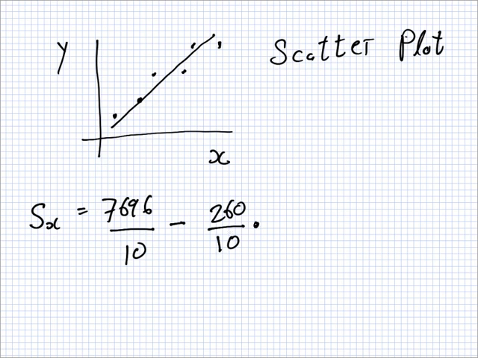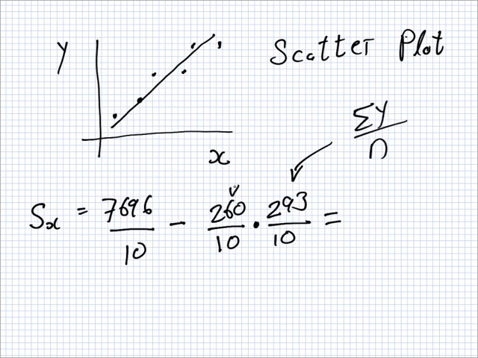And so what would be the average y? 293 over 10. Can you all see that? Yeah? This here is add up the y's and divide by n. This one here is add up the x's, divide by n. This one here is add up the x's and the y's, divide by n.